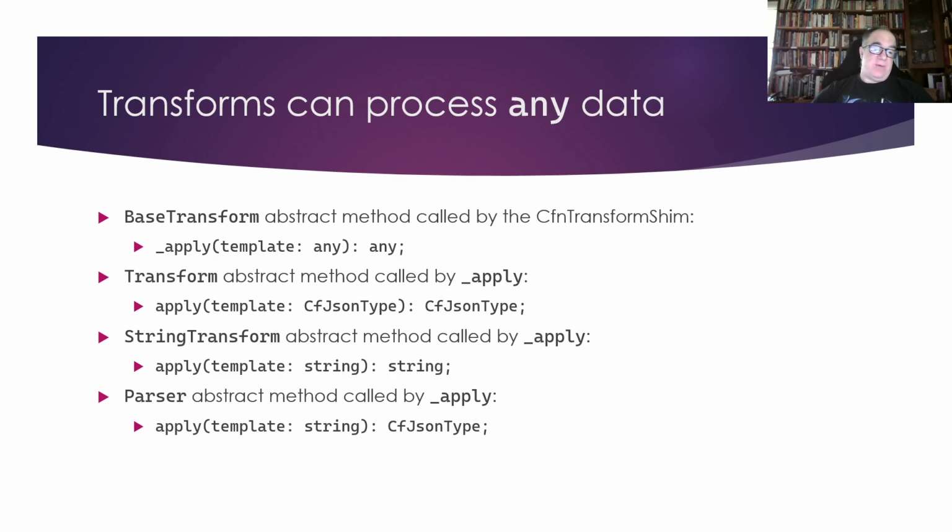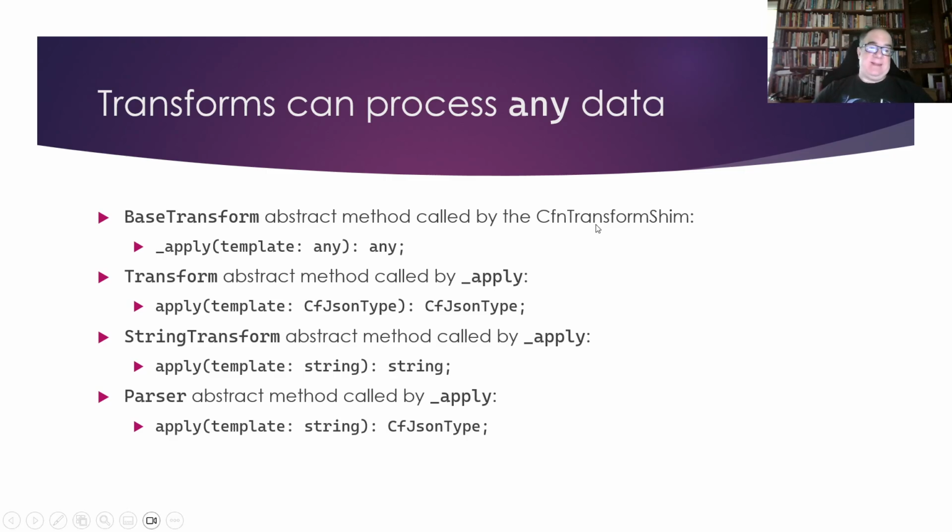And string transform is another L2 transform, and its abstract method takes the template in as a string and returns a string. And then the parser L2 transform has an apply method that is abstract and takes in the template as a string, parses that string, and then returns an object, basically a CF JSON type.